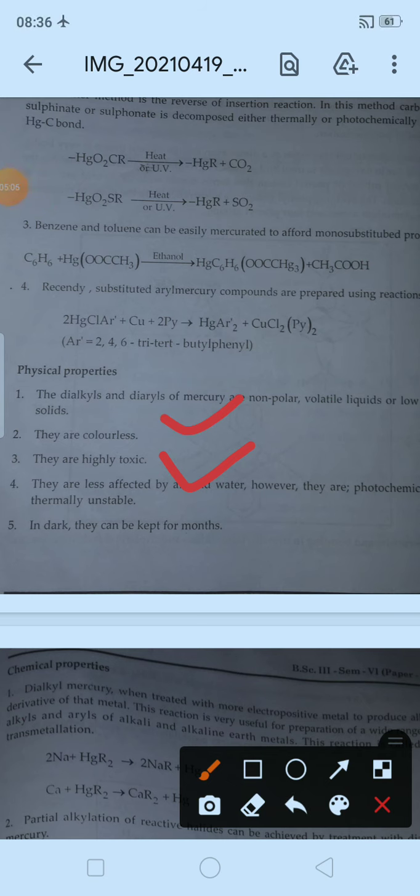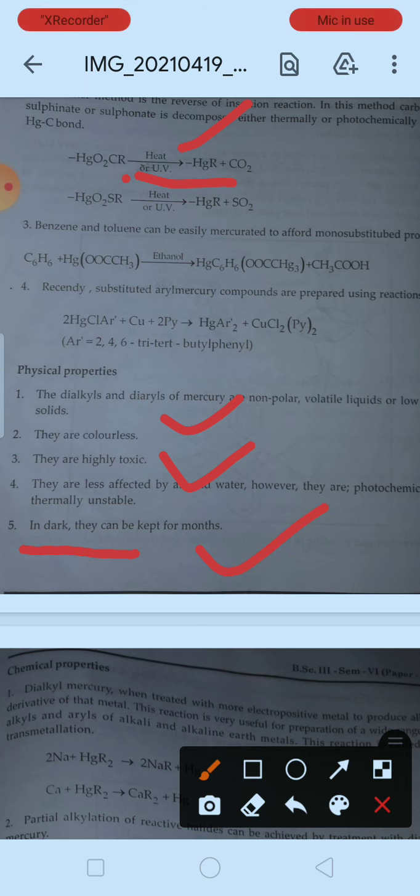Again we have seen in one reaction that it is decomposing thermally or photochemically. Photochemically means in presence of light, UV radiations. So in presence of light or heat you cannot keep it because they are unstable, but in the dark you can keep it for months.